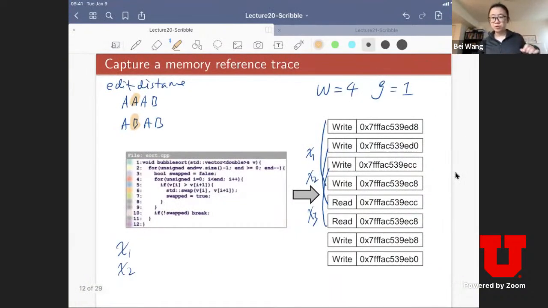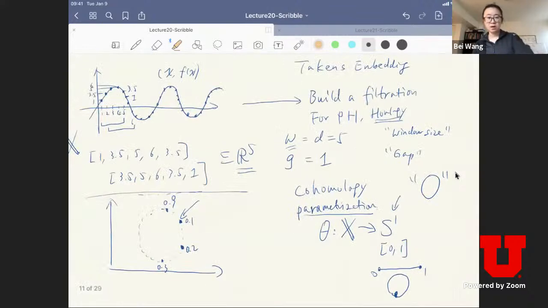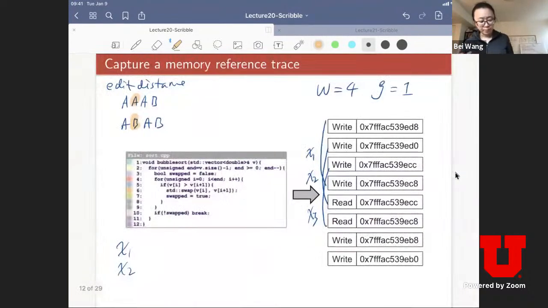In the memory reference trace, my signal is those memory addresses. In this example, I take every 4 memory addresses to form a 4-dimensional point cloud. The important part is that I can use, for example, Euclidean distances between points in my point cloud.